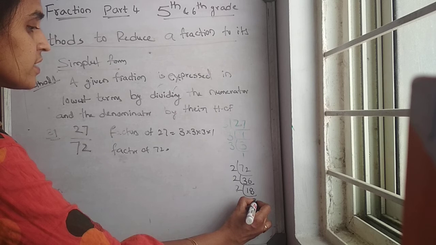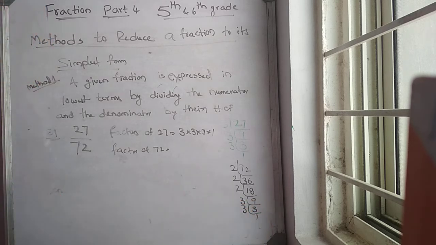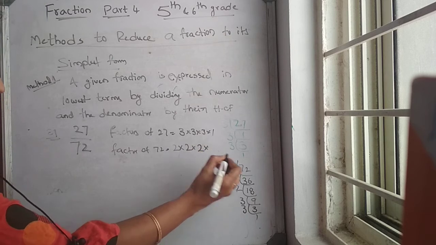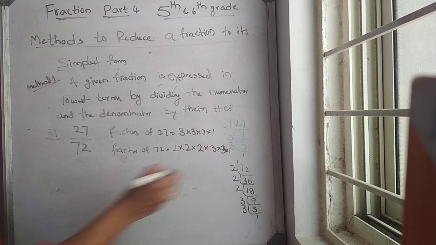You can write 3 3s are 9, 3 1s are 3. See, factors of 72, what will you get? 2 into 2 into 2 into 3 into 3 into 1.